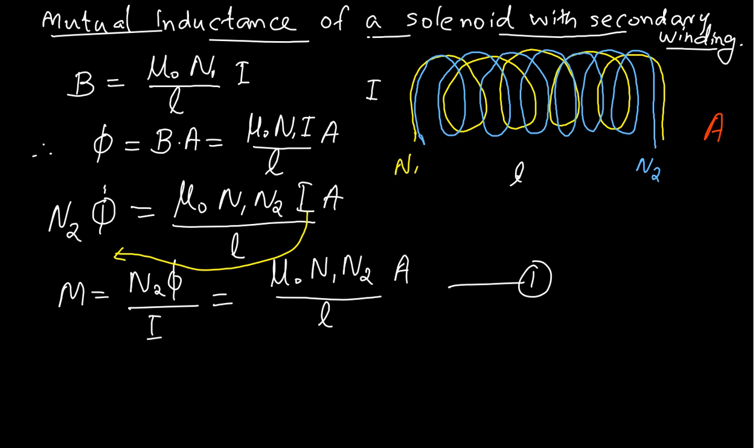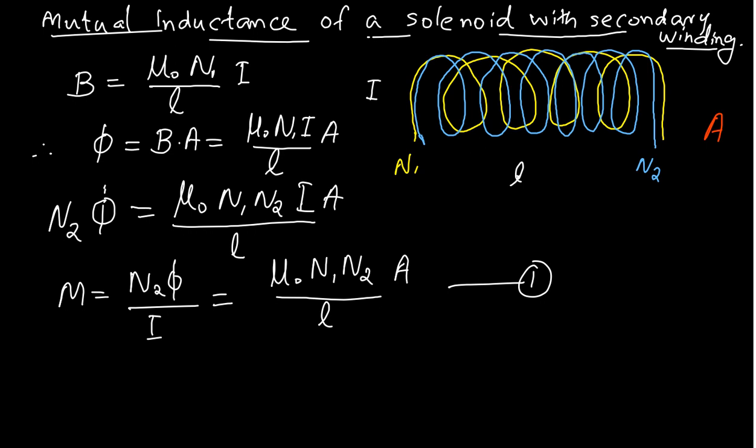Mu 0 N1 N2 A divided by L remains at the RHS. This is the equation for mutual inductance of a solenoid with secondary winding.